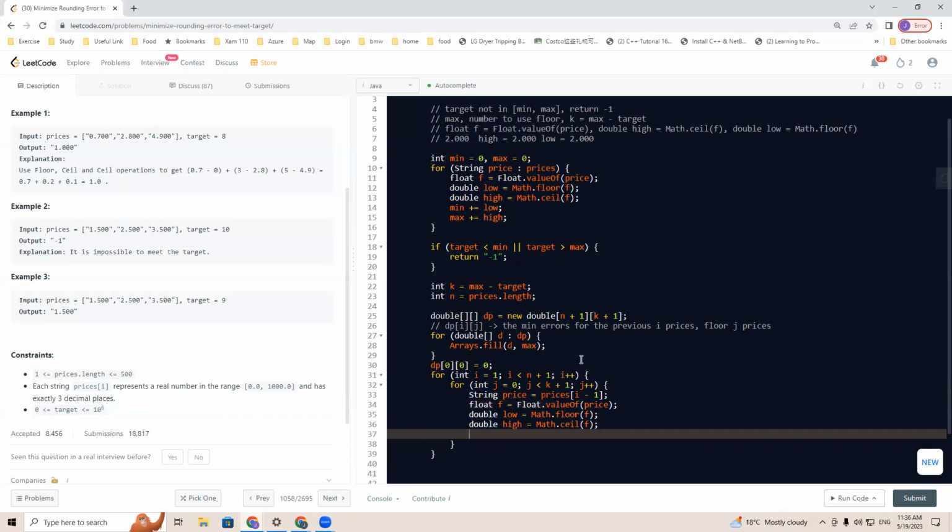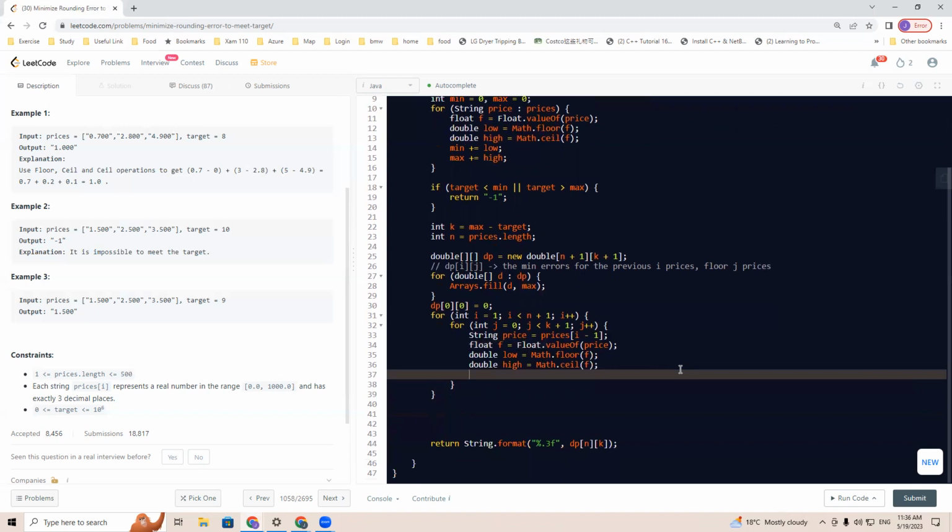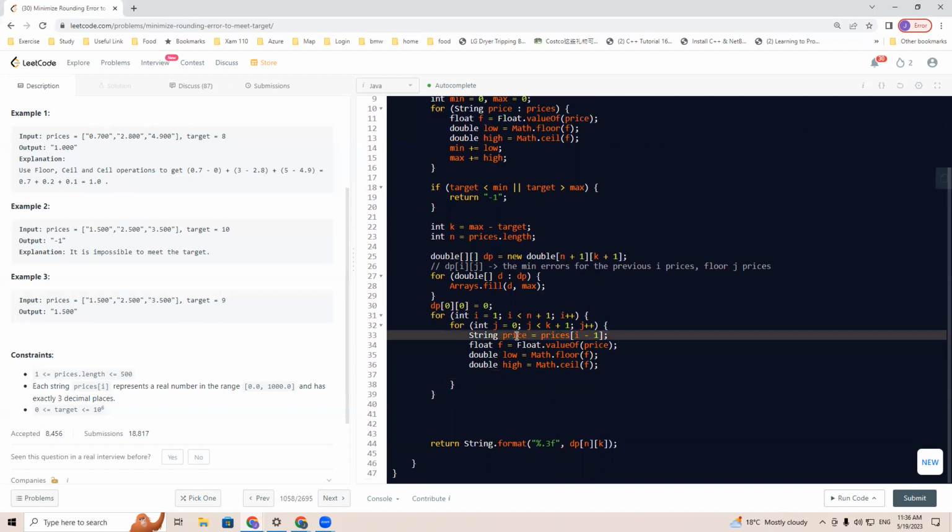So we know for this price, the index i minus 1, it has the option to flow it or not flow it.